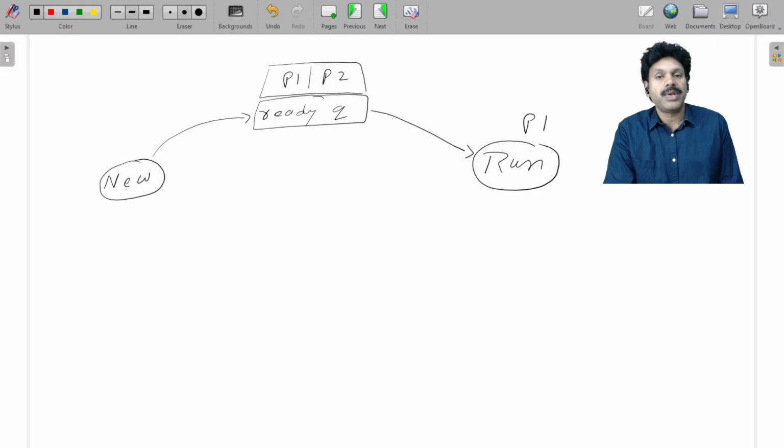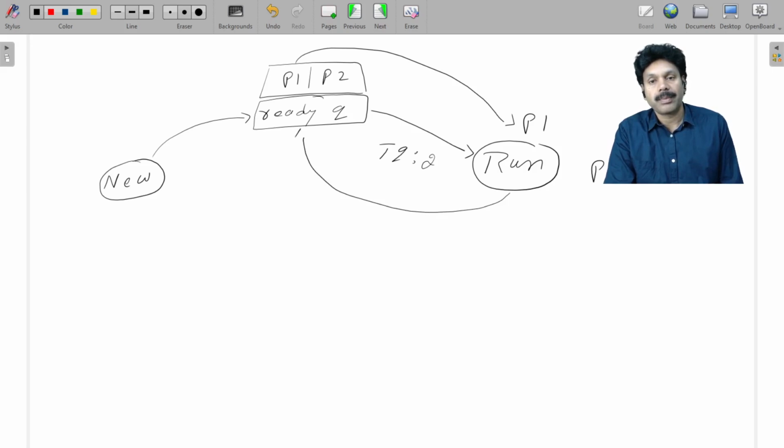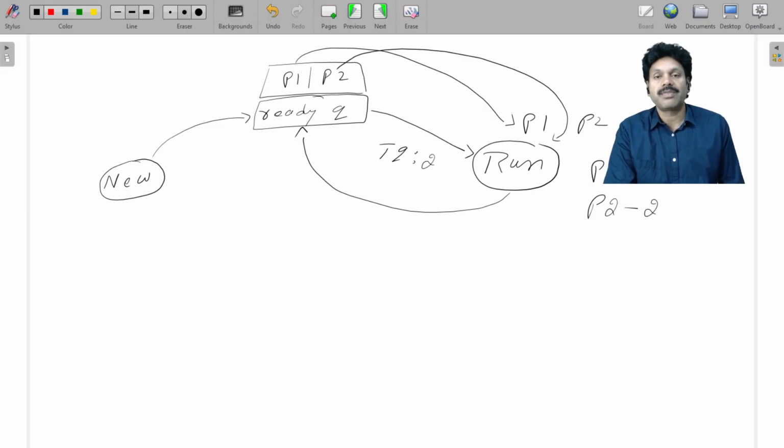So right now P1 is dispatched to run state. And here I am using a time quantum manner. So time quantum is 2 units of time. Then P1 is executed for 2 units of time. Still it is not completed and P1 swaps back. Now P2 is given a chance for another 2 units of time. So P2 is executed for 2 units of time.